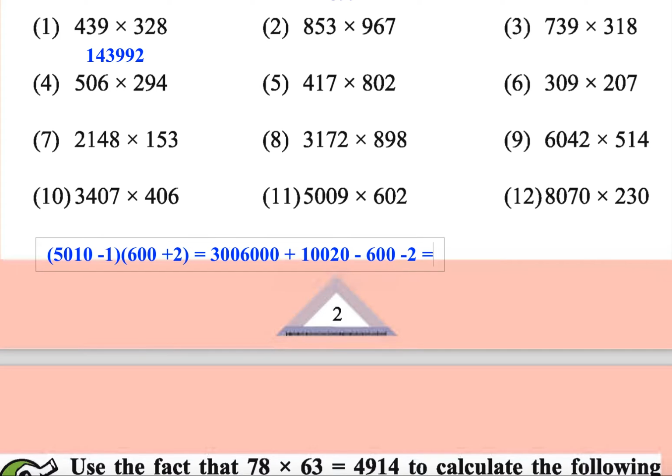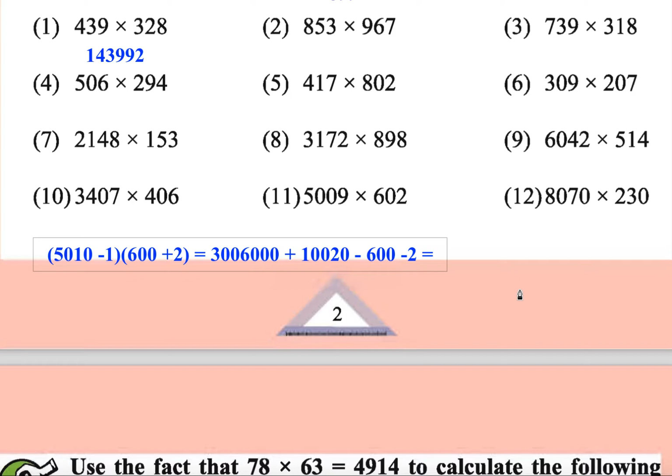Now you add them up. If you take 600 from 10,000, not 1000, 10,000, 9,400.